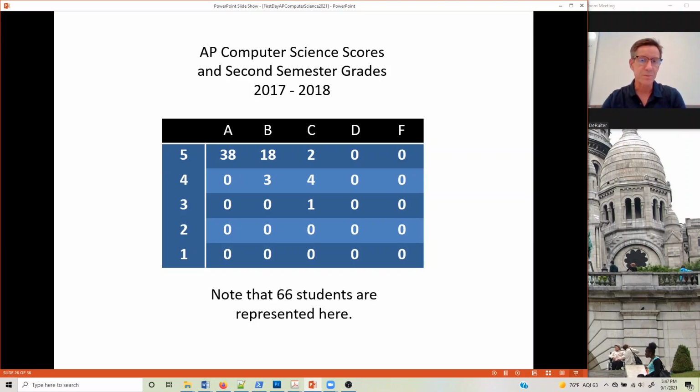That year, in second semester, there were a lot of A's, a fair number of B's, a few C's, and no D's or F's. 5 is the highest score that students can get on the AP exam. If we add that up, there were 58 5s and then a few 4s, a few 3s, no 2s, and no 1s.